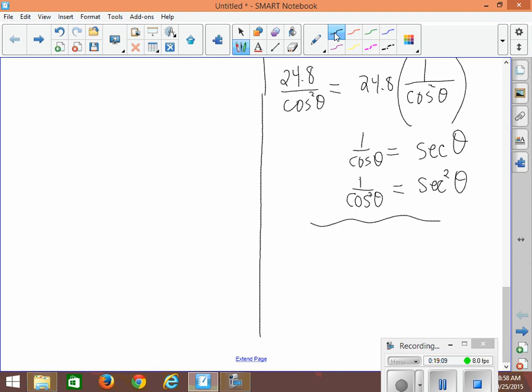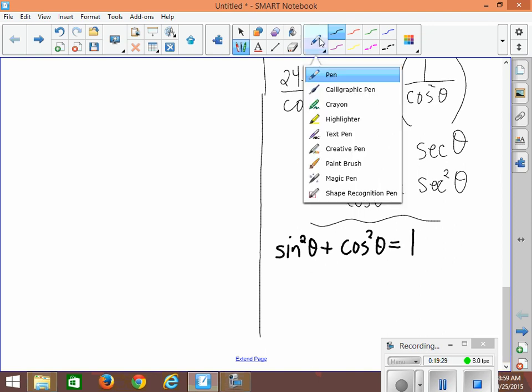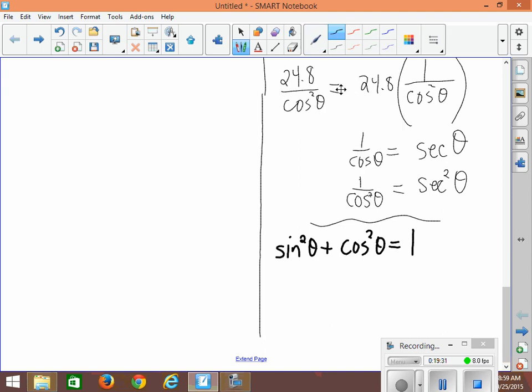If we go back, you have learned that there's a trig identity, hopefully you'll remember this: sine squared theta plus cos squared theta equals 1. Right? And that's the Pythagorean identity because it comes from the Pythagorean theorem applied to the triangle of trig.